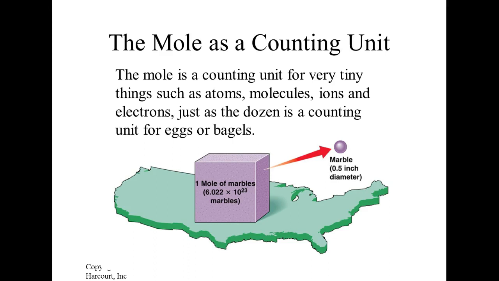And in real life we count things in units called dozens or cases or 12 packs, all different types of things, a gross and a dozen and things like that. But in chemistry we call our counting unit a mole, M-O-L-E, and it's just the same idea as a dozen.